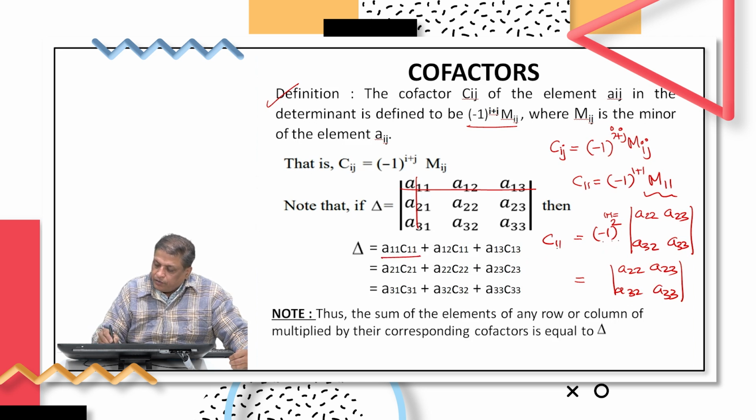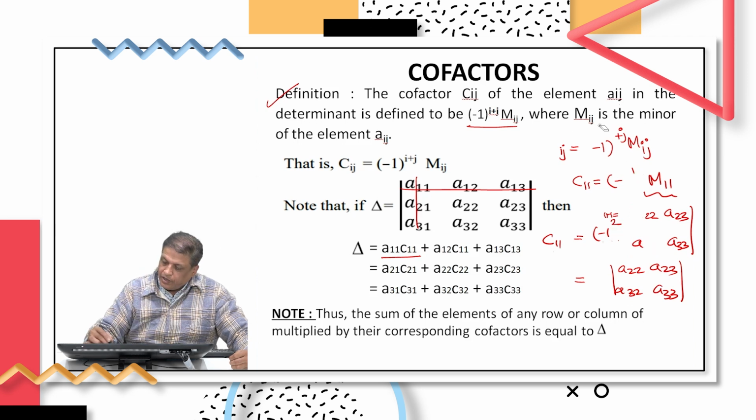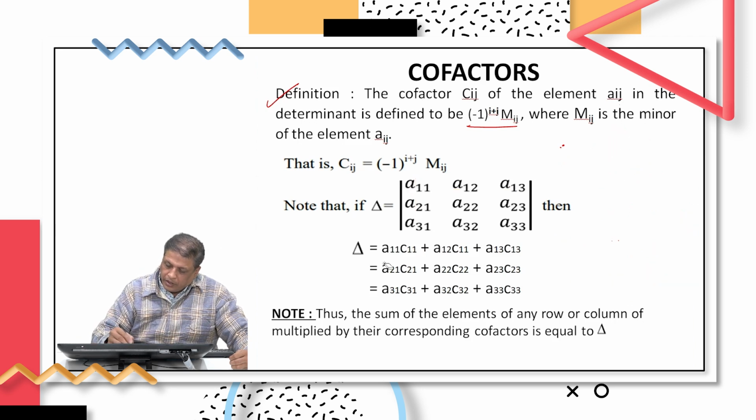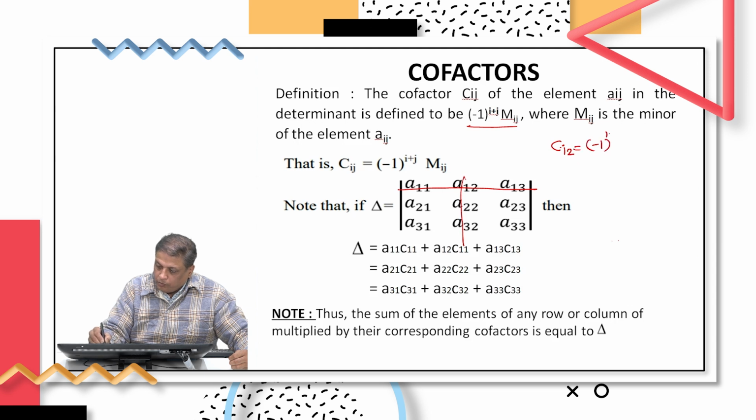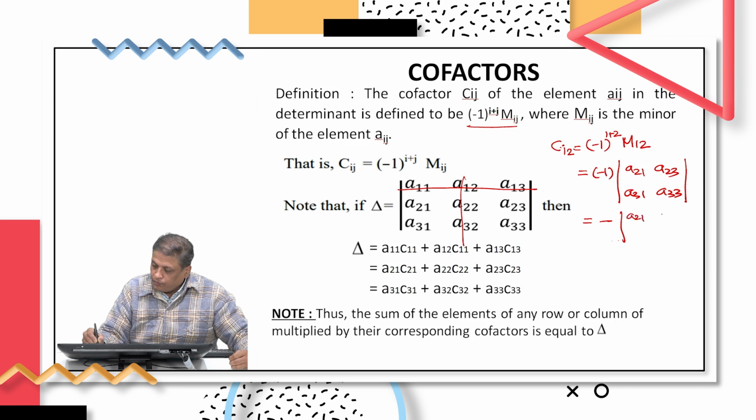Now, if we take C12, it will be equal to minus 1 to the power 1 plus 2 into M12, that is minus 1 into M12, which is equal to minus of the determinant A21, A23, A31, A33, that is minus of M12.